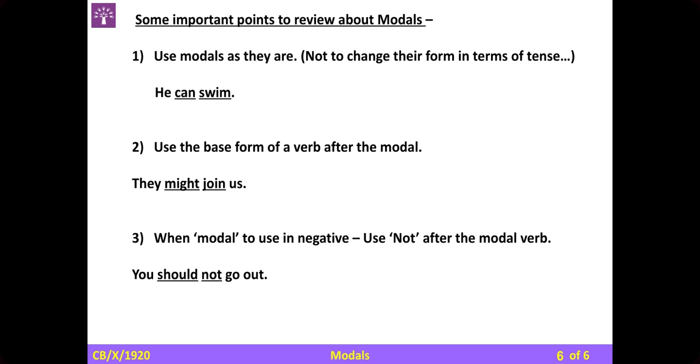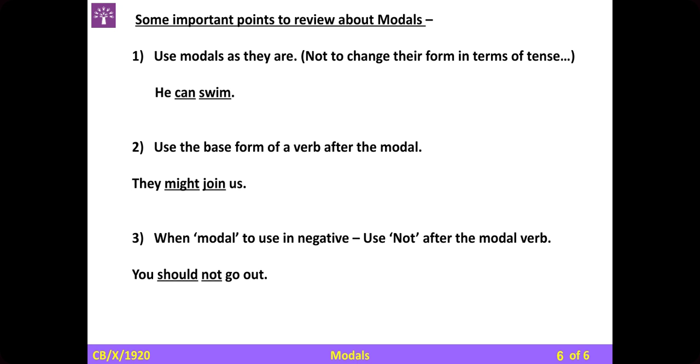So he can swim, but never he cans swim or he canned swim. That is absolutely not correct. Second point, use the base form of a verb after the modal. The right construction is we are going to use the verb immediately after the modal. For example, they might join us.